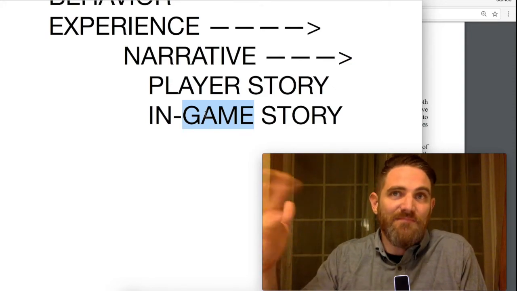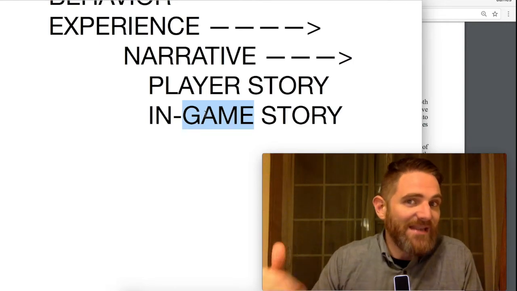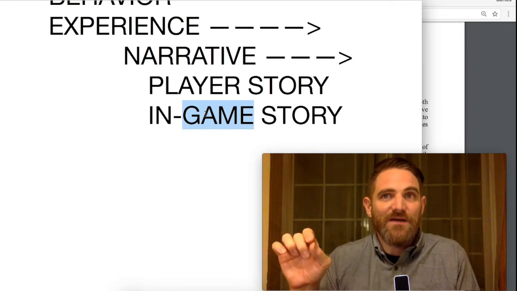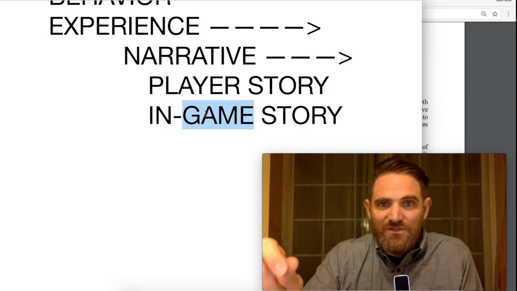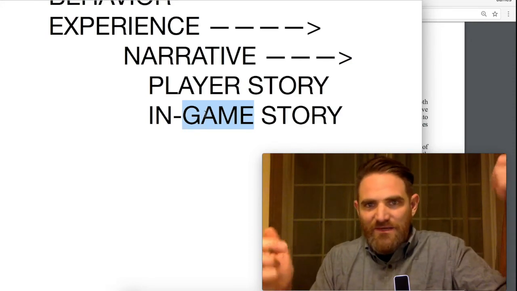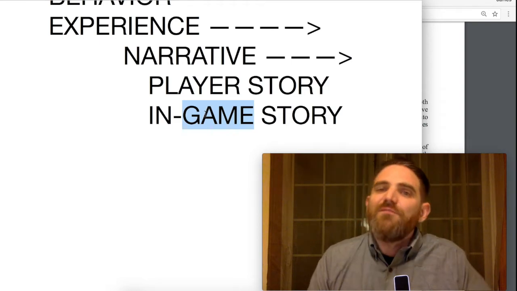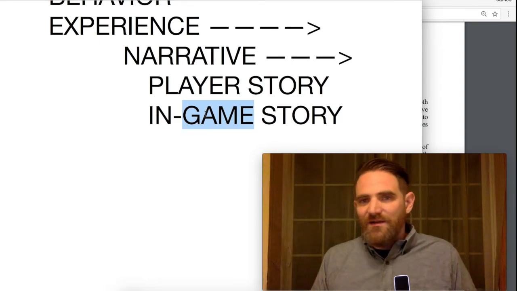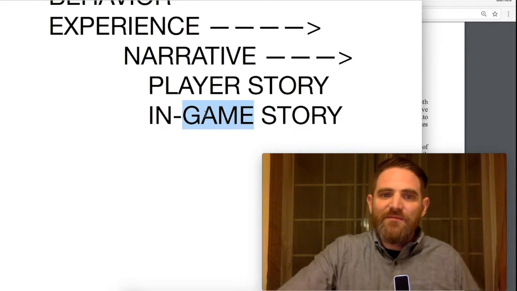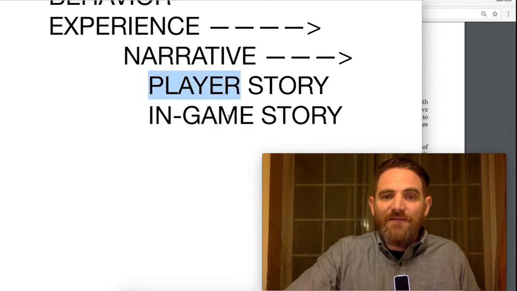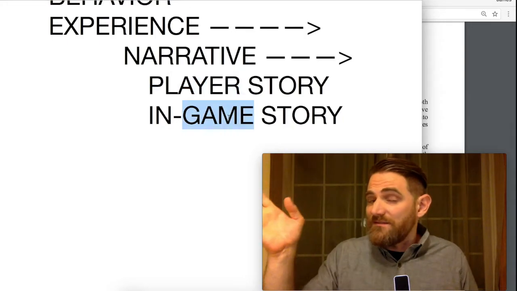If you really want to imagine the thematic layer of chess, you're thinking about the knight took control of the battlefield but then was threatened by the opposing bishop or something, right? That would be the in-game story. Again, chess, not a great in-game story, probably better player stories, but there are designs that do better with that, right?